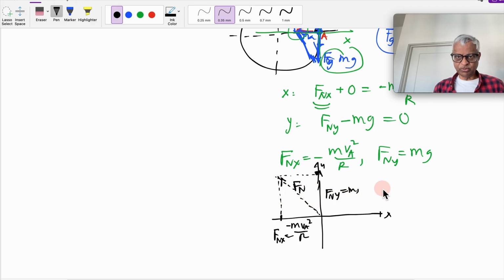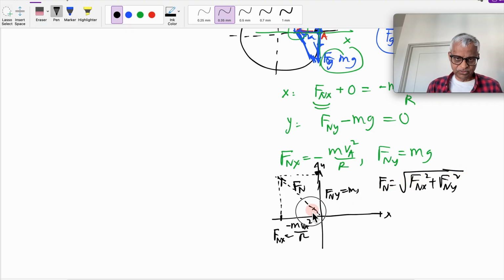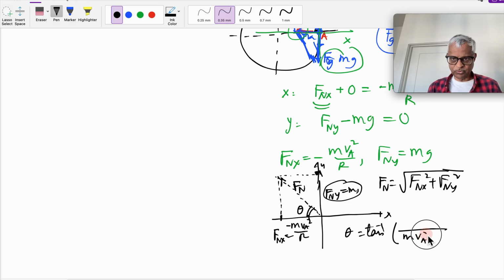The magnitude of this will be the square root of Fnx squared plus Fny squared, as you know from vectors. And you can get this angle theta. Theta will be arctangent of this divided by the positive part of this, because we're just looking at the positive part, m va squared over r over mg.